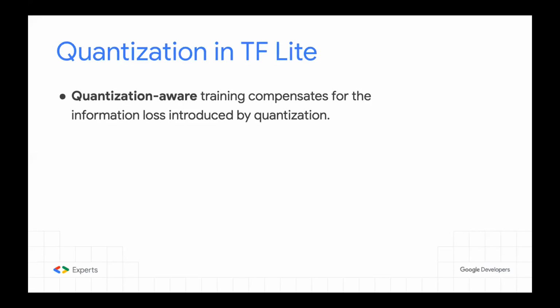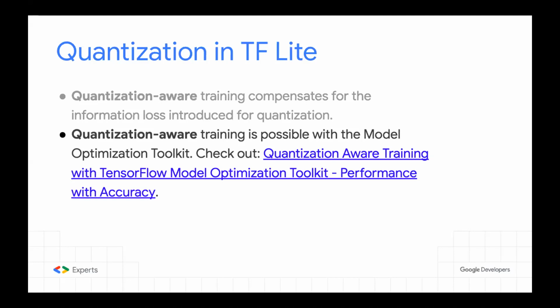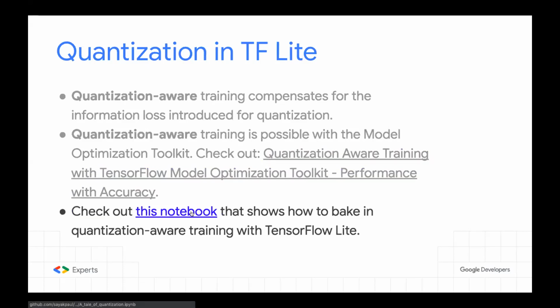So it's bound to incur some information loss. In quantization aware training, we try to replicate the kind of information loss that would get introduced with real quantization. The idea is pretty crazy, and it's hugely effective. Quantization aware training is absolutely possible with the Model Optimization Toolkit, and you can definitely check out this blog to know more about it. And here I can show you the kind of benefits you can get using quantization aware training.